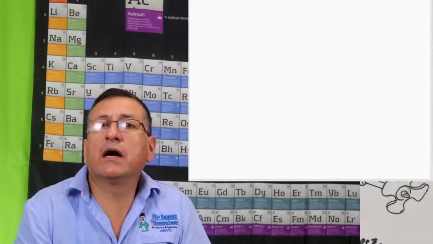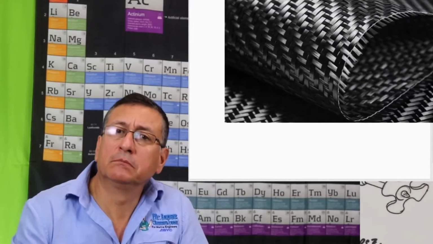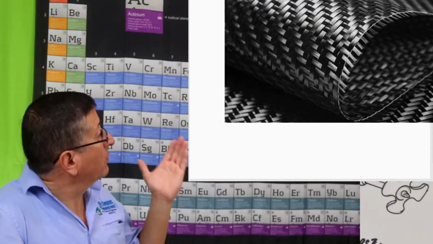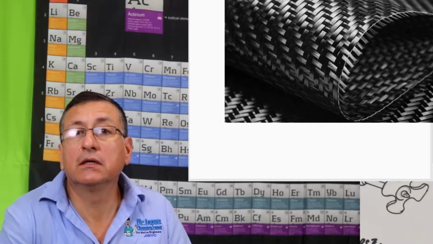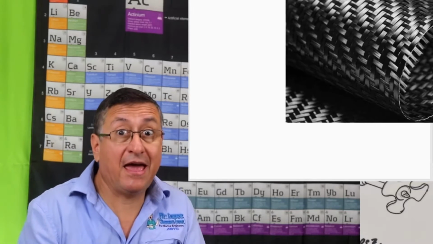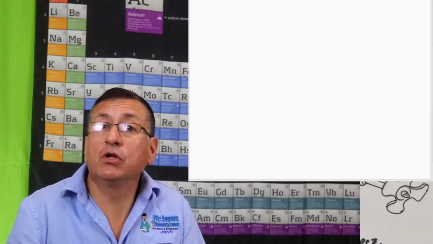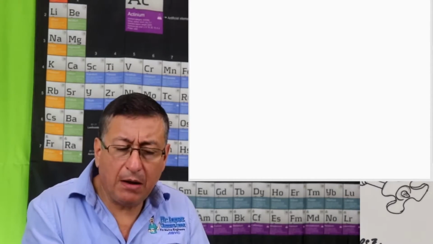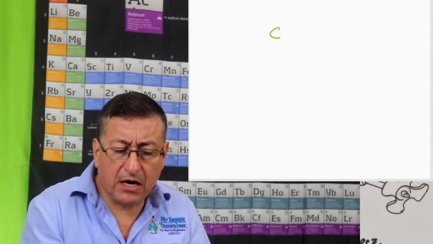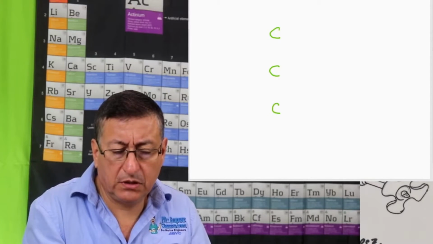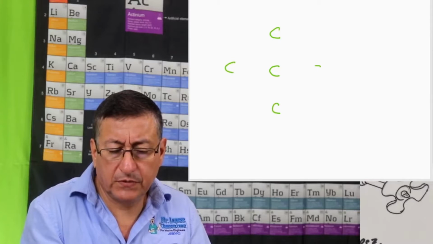Suppose that we have a carbon fiber. We have the structure of the mat of carbon fiber. That heavy structure is basically carbon, atoms of carbon together. Let me check what happened in that structure. I have pure carbons.